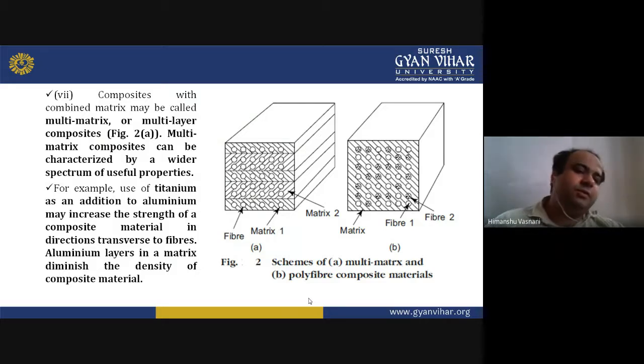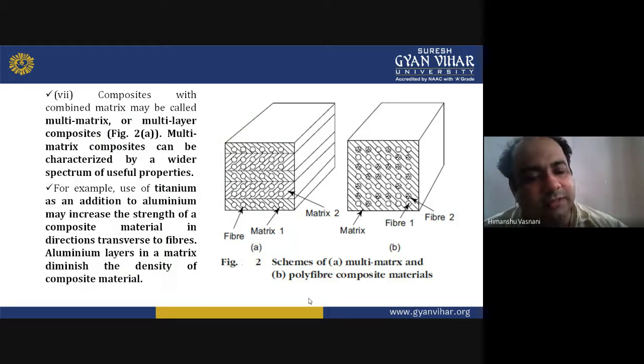So composites with combined matrix may be called multi-matrix or multi-layer composites, and multi-matrix composites can be characterized by a wider spectrum of useful properties. For example, the use of titanium as an addition to aluminium. Aluminum is a very soft material with a very low melting point, around 650 degrees centigrade.